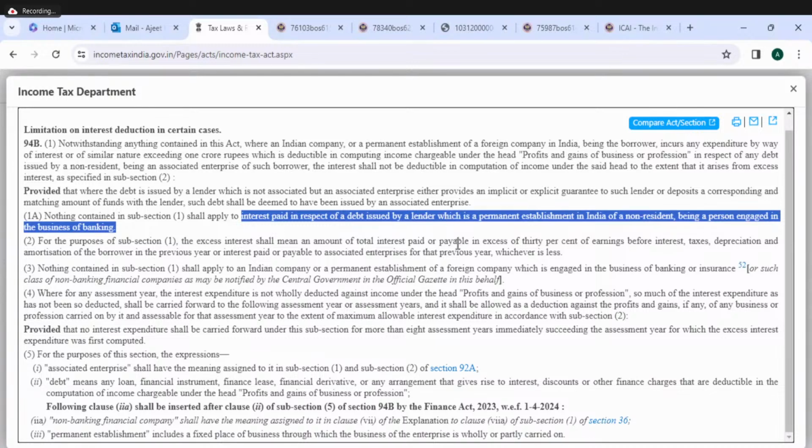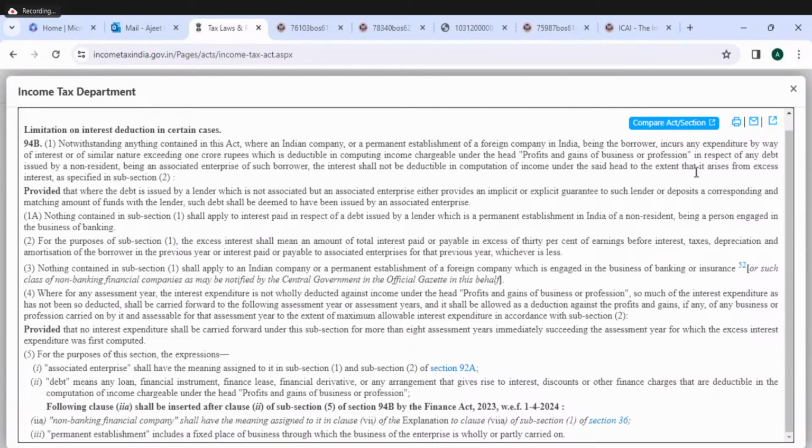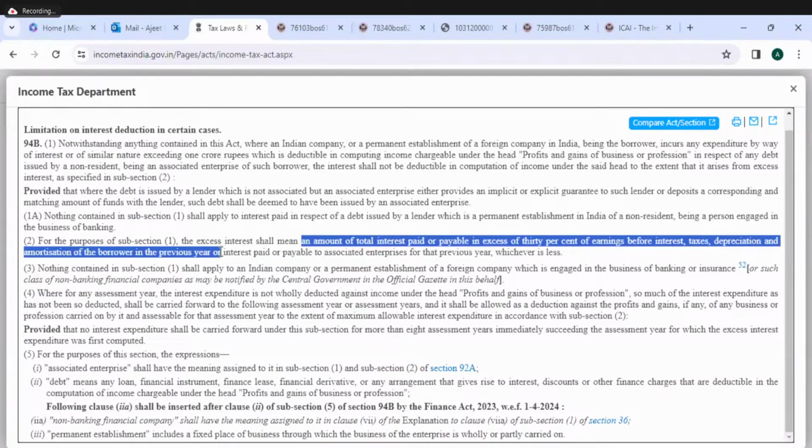Now, what is the restriction? We have seen that interest shall not be deductible to the extent it arises from excess interest. But what is excess interest? Excess interest means the amount of total interest paid or payable in excess of 30% of EBITDA, or interest paid or payable to AE for that year, whichever is less. In the Act, it is written as total interest paid or payable.